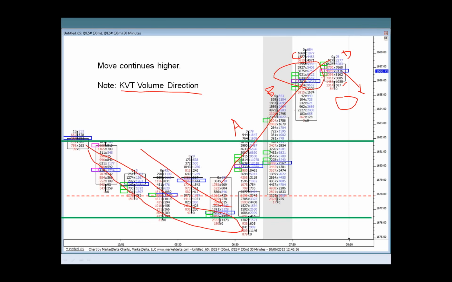So this would tell me, even though I had some profit taking or some negative pressure at this juncture, I am going to continue higher. The market is still facilitating trade to the upside. And again, as I mentioned to you, I don't see any significant KVT changing direction on me and moving lower.